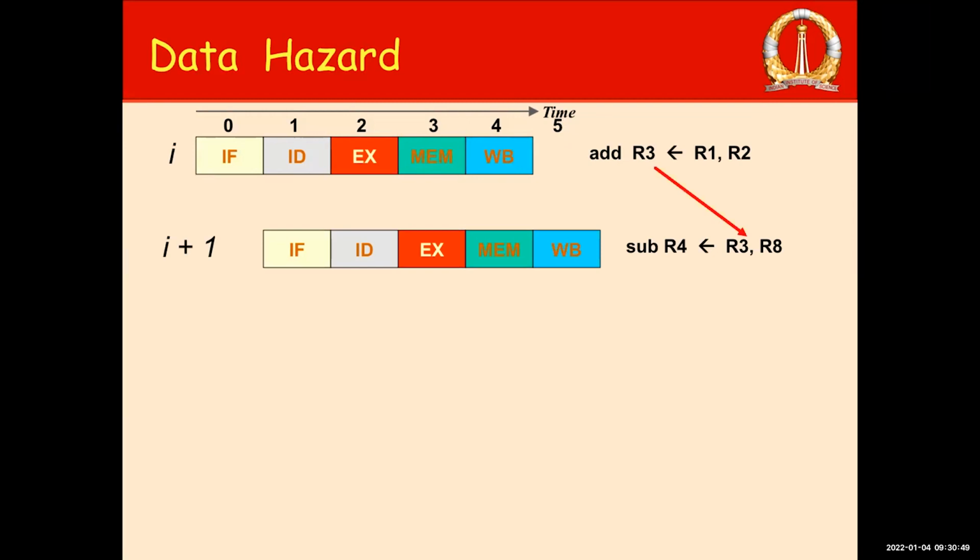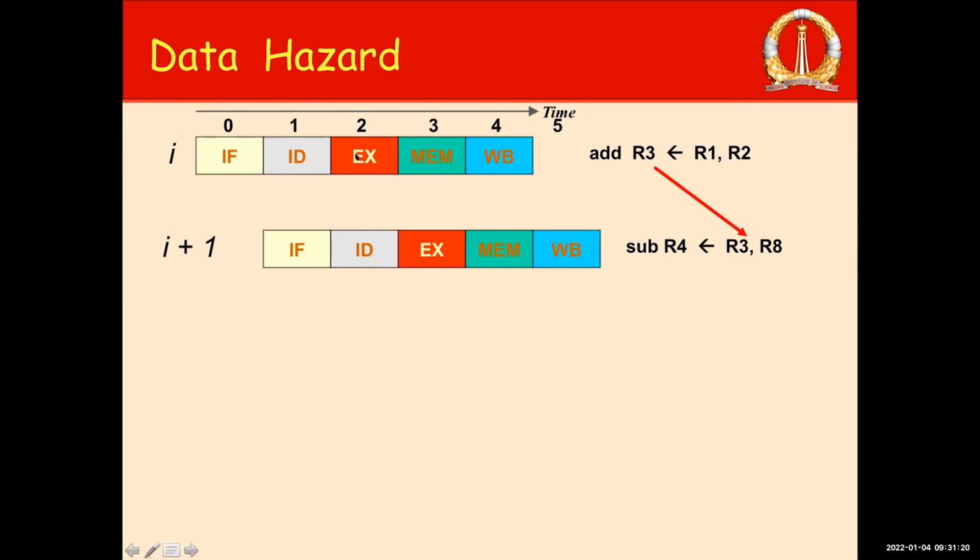In the case of non-pipelined execution, the ith instruction would go through all the stages, complete the value, write the value into the R3 register, and then the i plus 1th instruction can read from it. Whereas in the case of a pipelined execution, you can see that the i plus 1th instruction is trying to do the operand fetch during the instruction decode stage. So it's trying to read the value from the R3 register in this stage, which is time step 2.